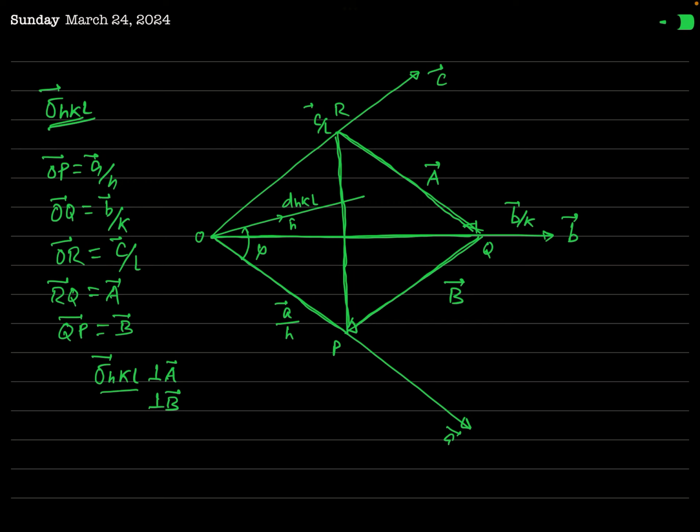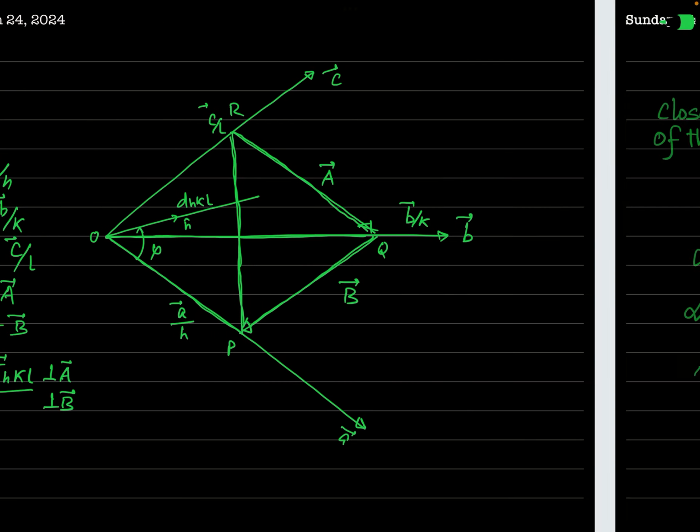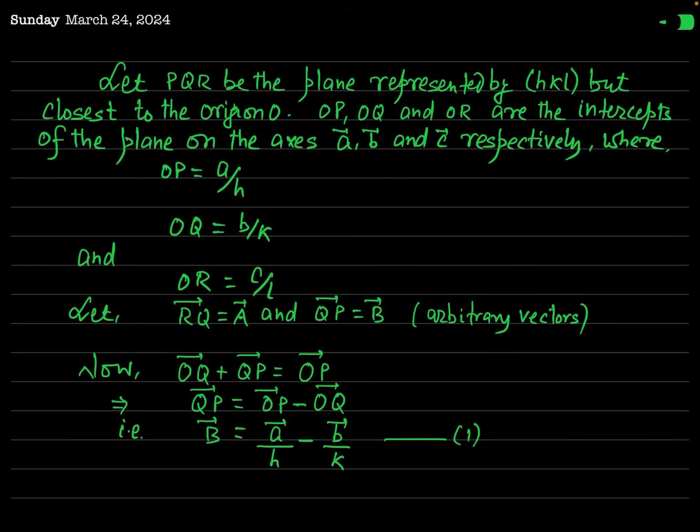And for this, let us first find B and A from the geometry of the figure. You can see I have made the calculation here. All those things I have mentioned here.